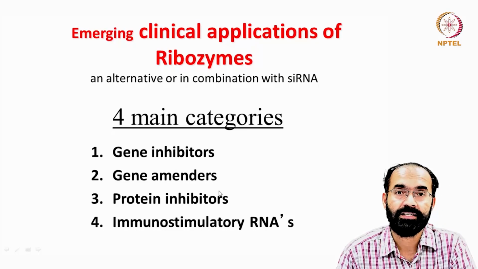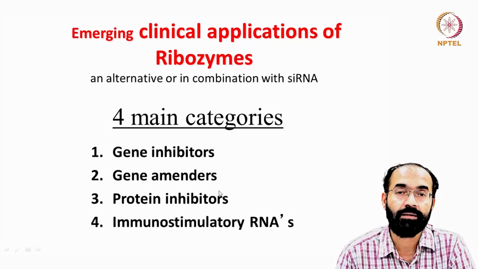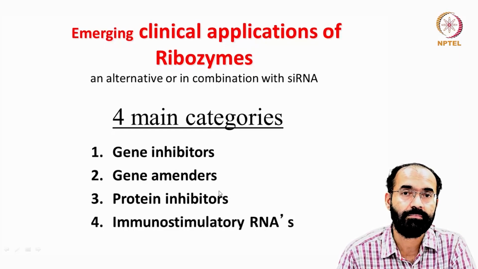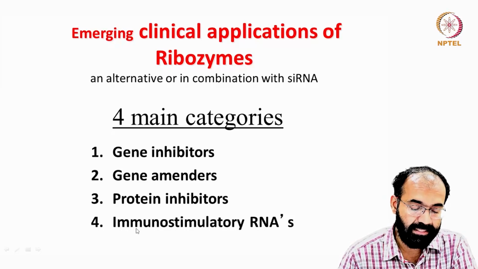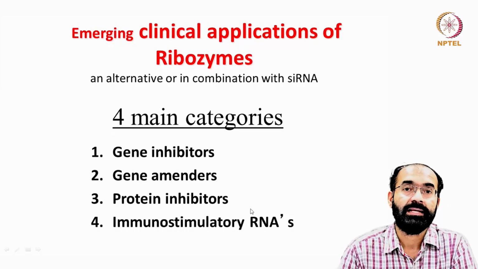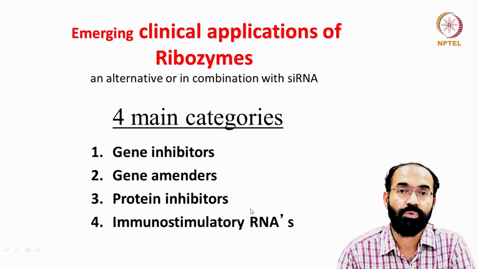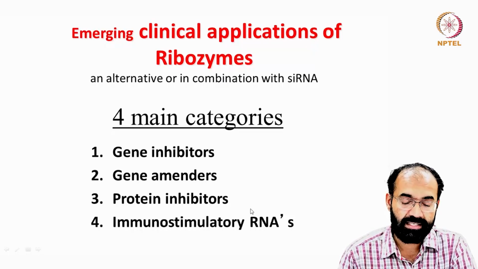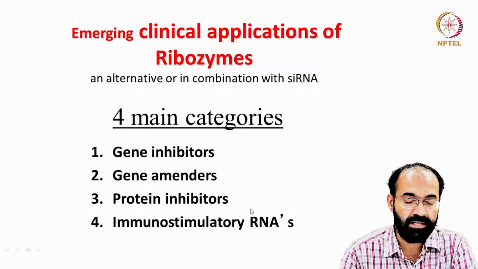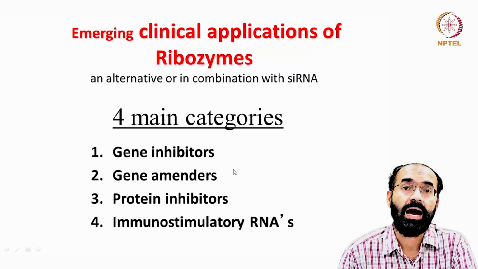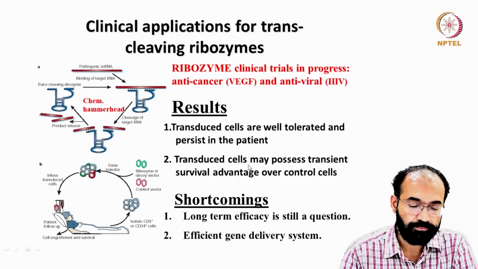Protein inhibitors means certain proteins alone can be inhibited. You don't want to degrade it, but you can inhibit it. And then immunostimulatory RNA: certain ribozymes can be used to induce immunogenicity in the host so that it can provide protection against certain foreign RNAs and proteins.